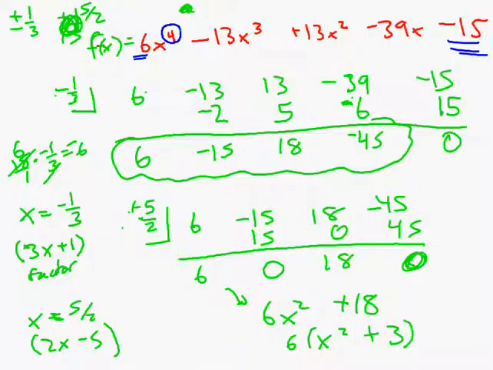Okay, so let's quadratic formula that. So we're going to go to the next slide. So far I have x equals negative 1/3. I have x equals 5/2. I'm trying to get the last two. I have this x squared plus 3. So what's A? 1. What's B? B is not 3. B is the number in front of the x term.